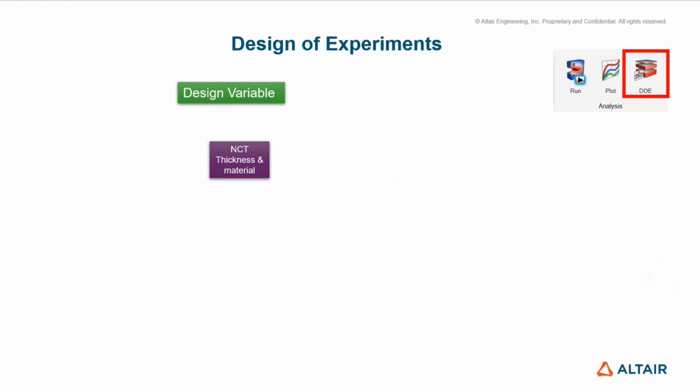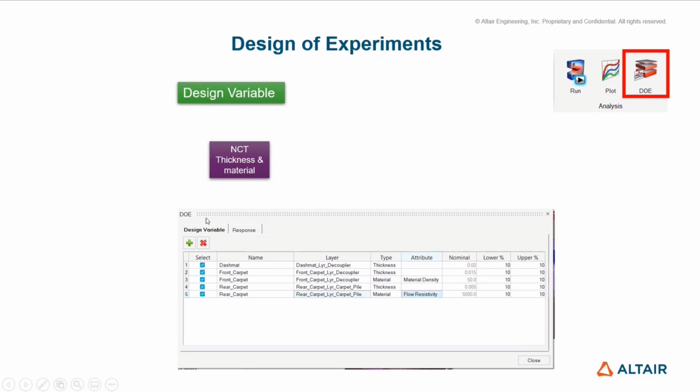Then coming to design of experiments, we have added a new icon with the basic implementation of design of experiments. Currently, using DOE, the design variables which can be defined are NCT thickness and material. This is the GUI where you can add the NCT, and it will specify how many layers are there.